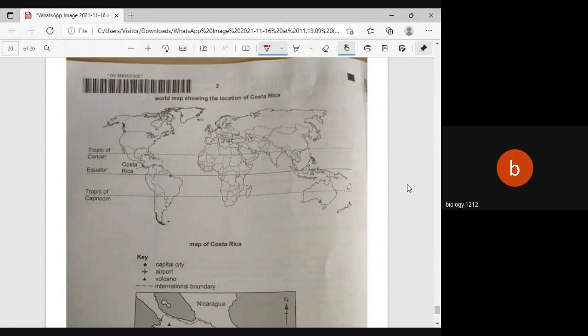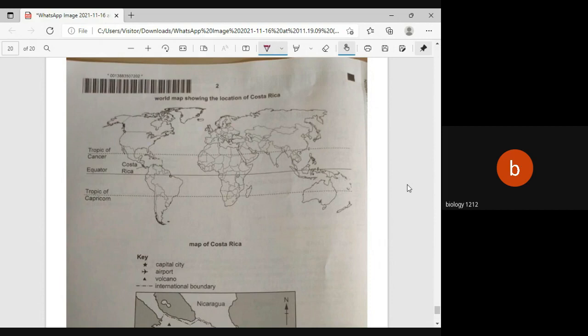Today we are going to solve the Cambridge IGCSE EVM paper, code 0680, for October, November 2021. This is the recent paper.